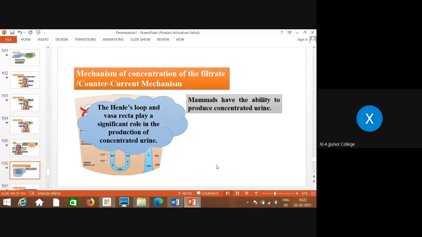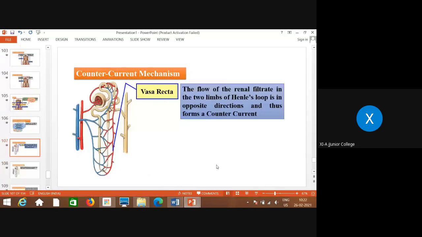And the loop of Henle is covered by vasa recta. That means all the blood vessels which cover the loop of Henle are called vasa recta, and they play a significant role in the production of concentrated urine.